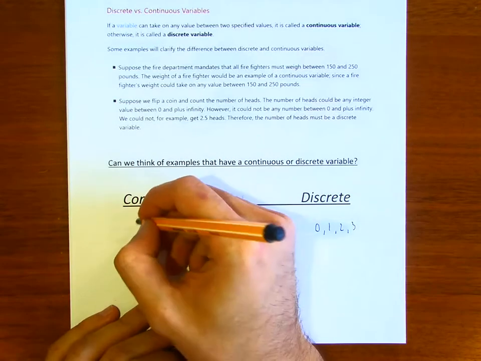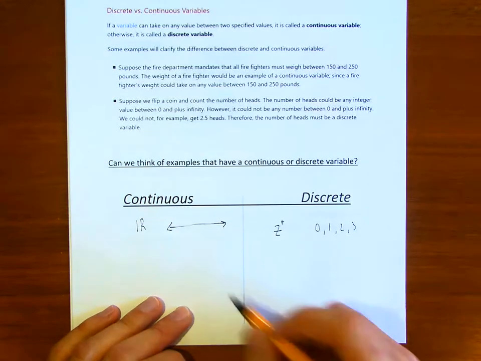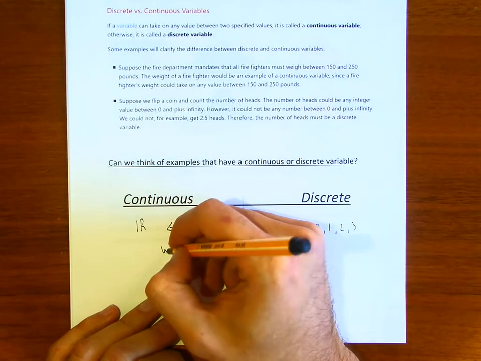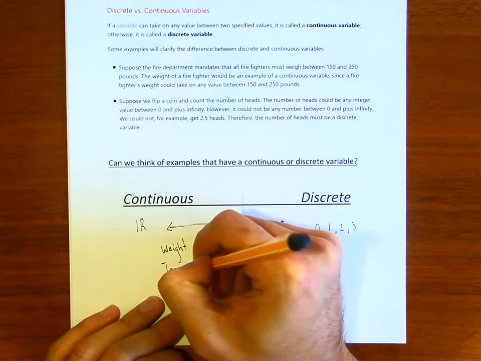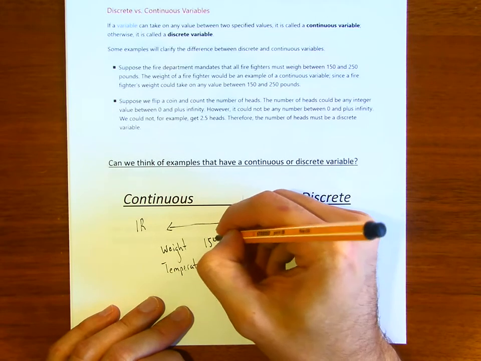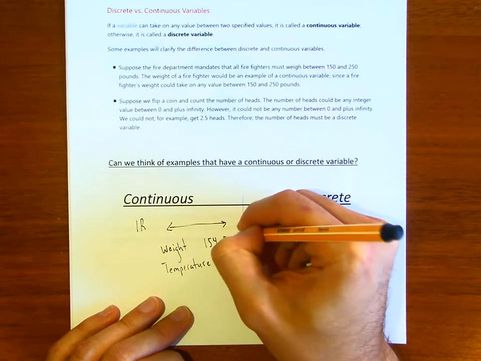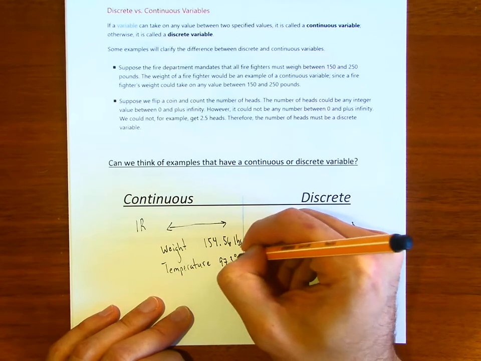When we think about continuous values, we're thinking about everything on the number line. Some examples are weight and temperature. For these values, we could have a weight of, let's say, 154.56 pounds, or 97.3 degrees Fahrenheit.